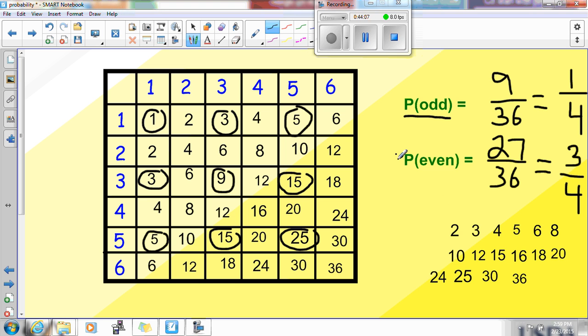So if you are the player who gets points for the even, you will probably win.